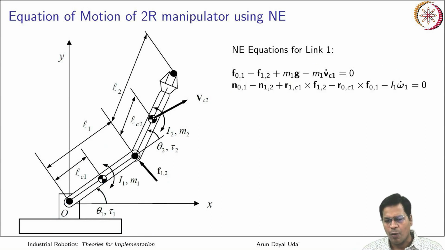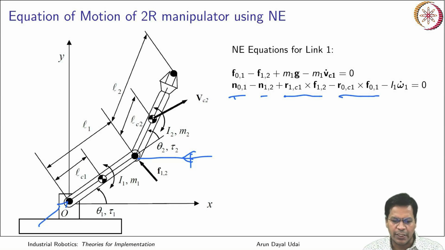Similarly, we can write the moment balance equation. This is the moment that acts here, and similarly you have a moment that acts here. Okay, N1, N01 and N12, these are the moments due to the joint reaction forces. So this is one force, and you have the distance given by C1, which is actually a vector, and similarly 0C1 is this one.